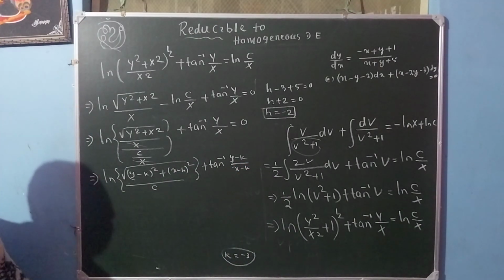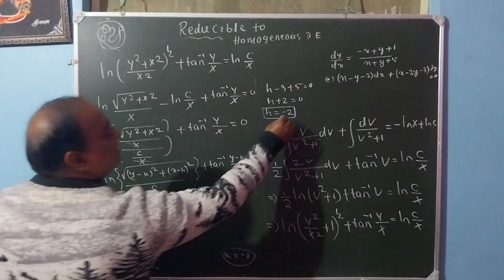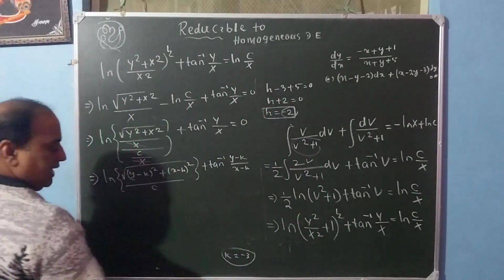Now we have to put the values of h and k. The value of h is minus 2, the value of k is minus 3.